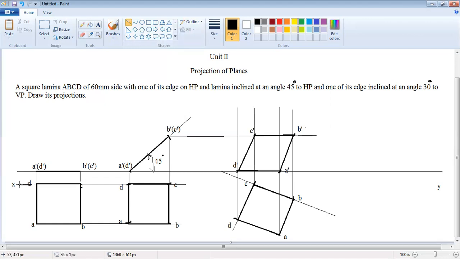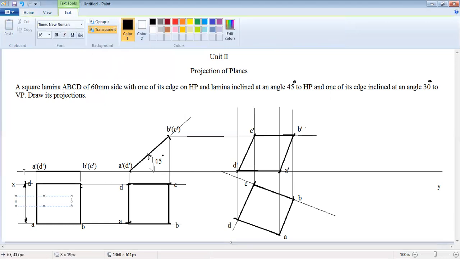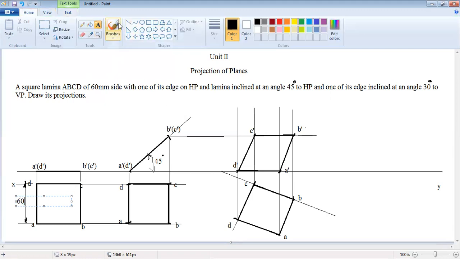Height 60 mm, plane inclination 45 degrees and side inclination 30 degrees.